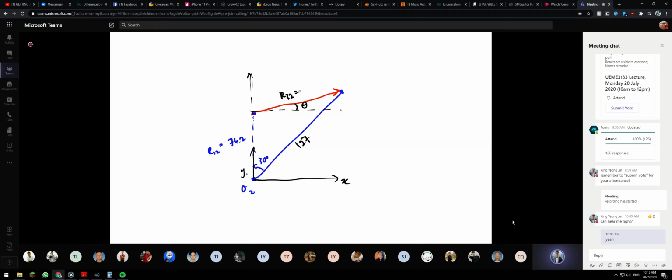Right, so you use the cosine, so I can find R32 is 0.0762 square plus 0.127 square minus 2 AC, 0.0762, and then cos 30.